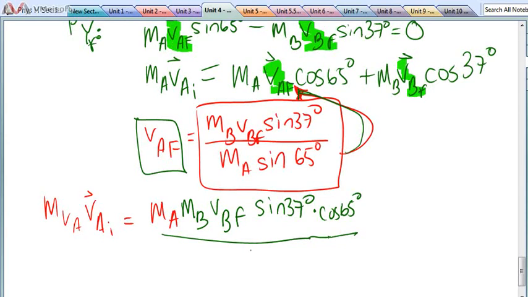Those are not too scary. So now we have on the bottom MA sine 65 degrees plus MB VBF cosine 37 degrees.